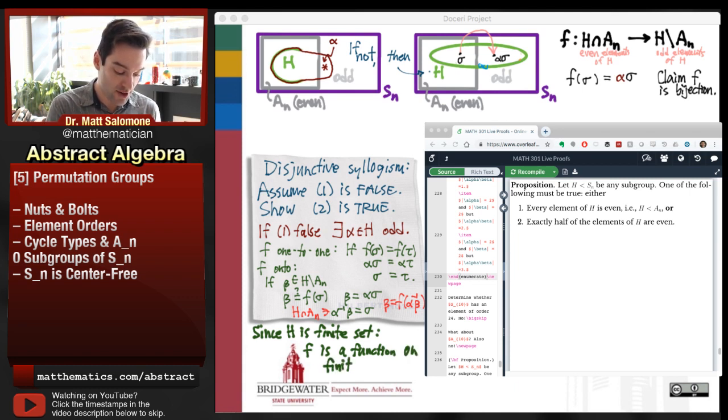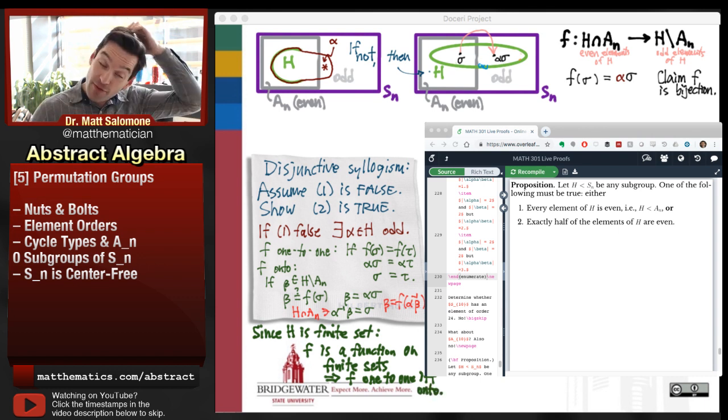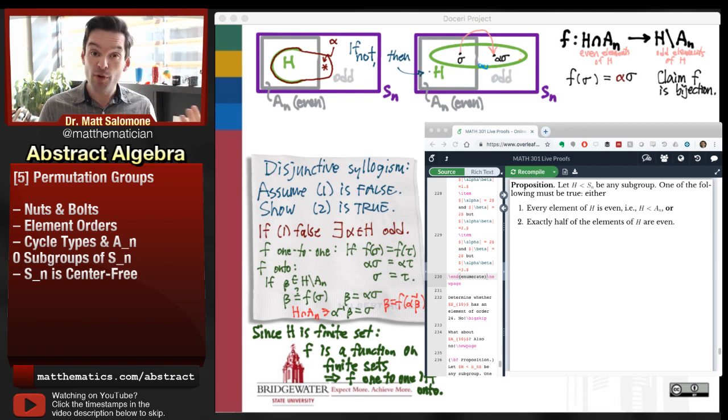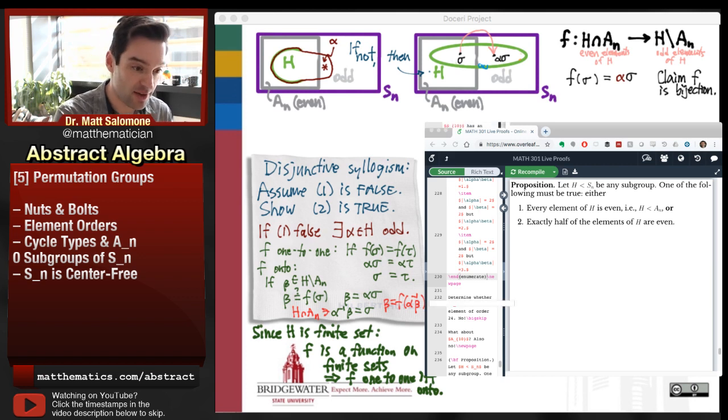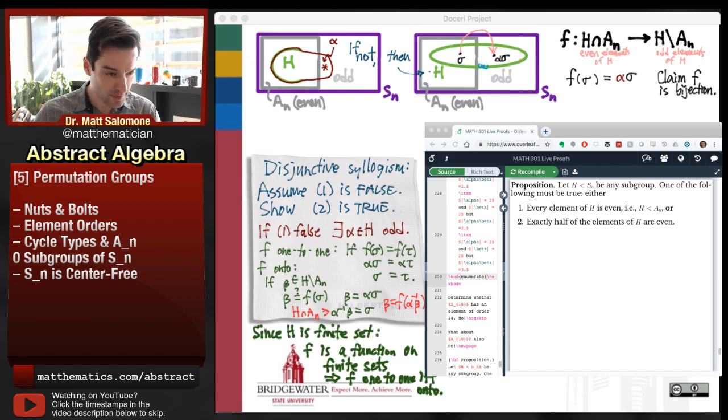And for any function on finite sets, it cannot have one of these properties and not the other. So in other words, it's enough just for us to show that f is 1-to-1, because every function on finite sets is either both 1-to-1 and onto, or it's neither 1-to-1 nor onto. Right? So as soon as we show that f is 1-to-1, that will guarantee that it's also onto as well.